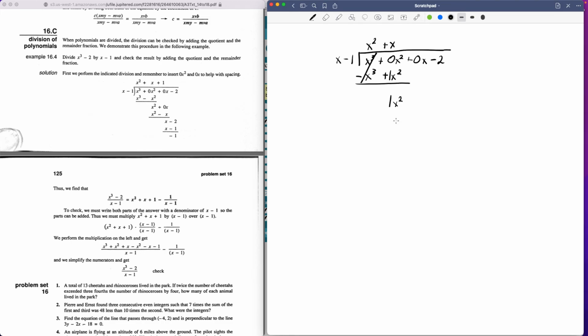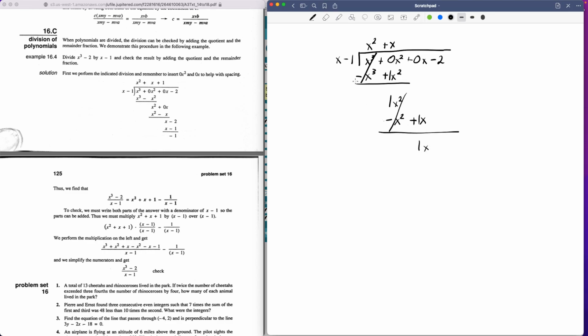X times x gives me x squared, and x times negative 1 gives me a negative x. I'm going to change the sign to subtract. That becomes positive. X squared minus x, that cancels. And then I have a 1x here.